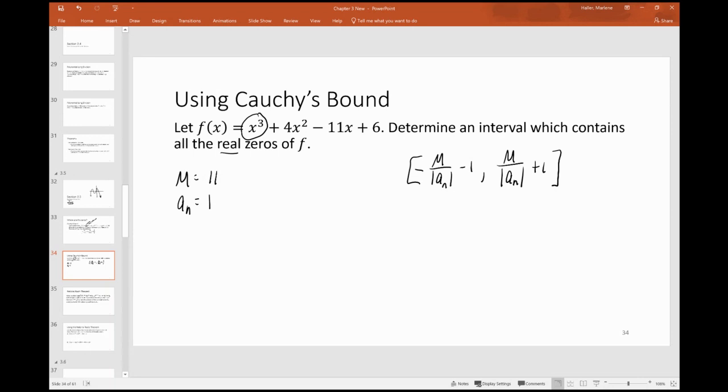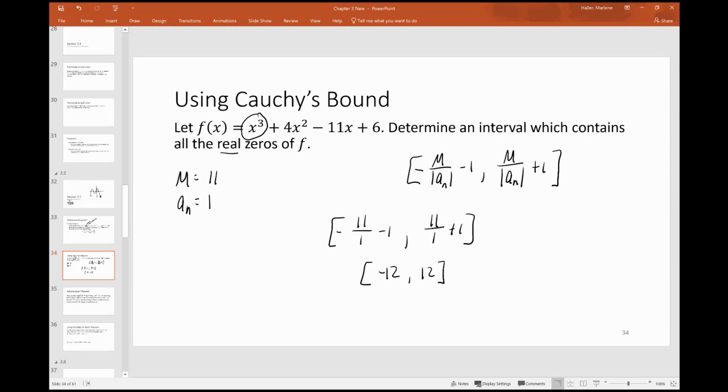So that means the interval that would contain all the real zeros of this function f is going to be negative 11 over 1 minus 1 to 11 over 1 plus 1, or we would say that's negative 12 to positive 12. All right. That's how we would go about finding that interval.